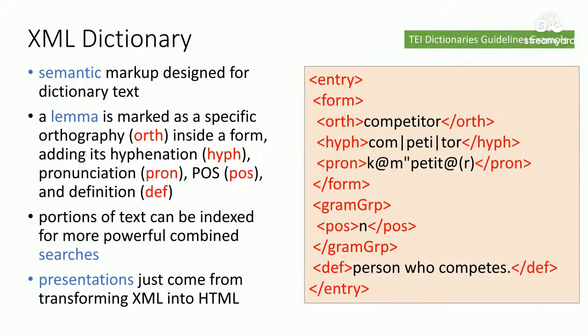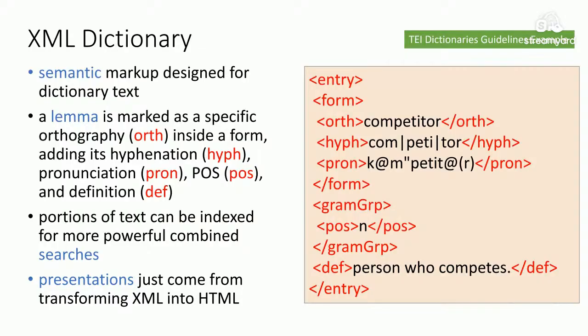Then XML was created. This is a sister technology of HTML and is truly semantic. So instead of a fixed set of tags used to mark up the layout of a hypertext, in XML, everyone can define tags for any purpose.